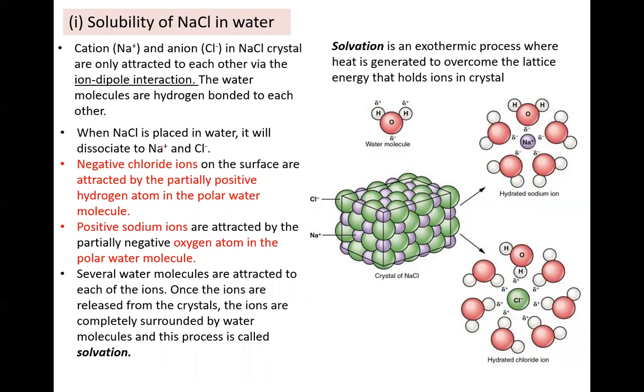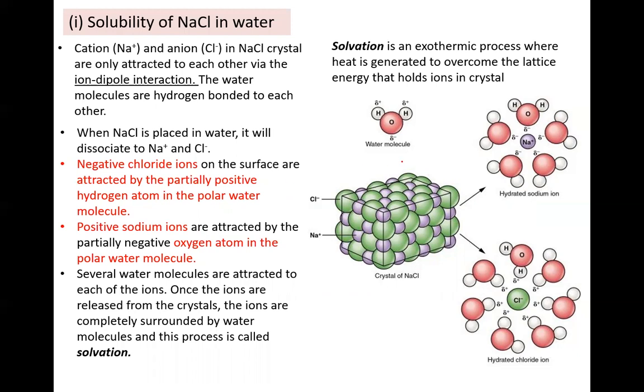When NaCl is placed in water, it will dissociate into Na+ and Cl-. The negative chloride ion on the surface is attracted by the partially positive hydrogen atom in the polar water molecules. That interaction we call ion-dipole interaction. The positive sodium ion is attracted by the partially negative oxygen atom in the polar water molecules.